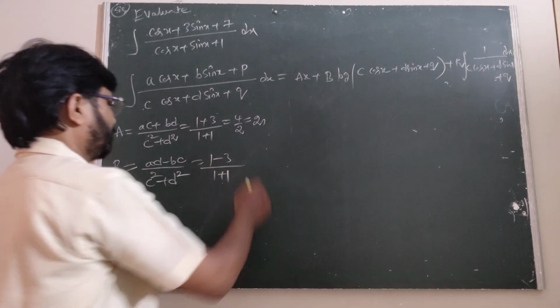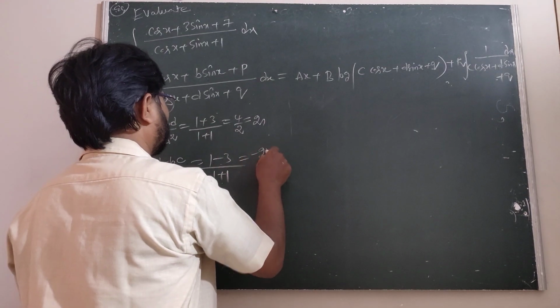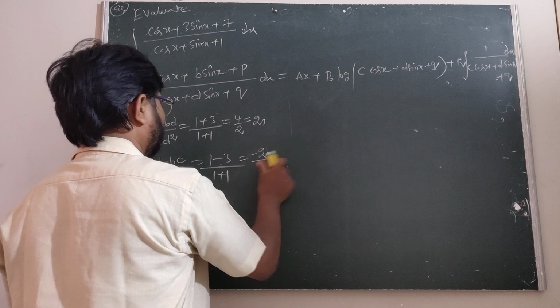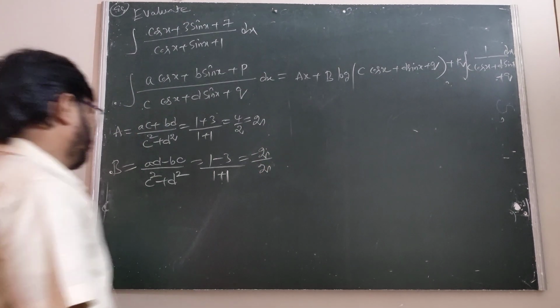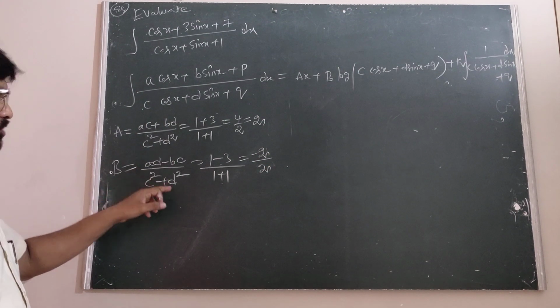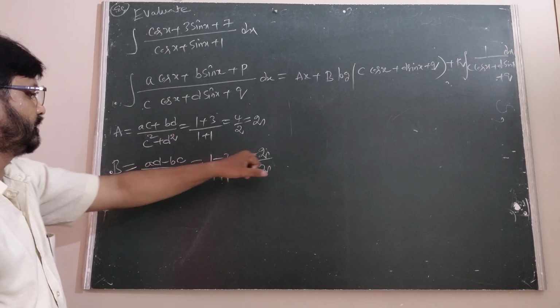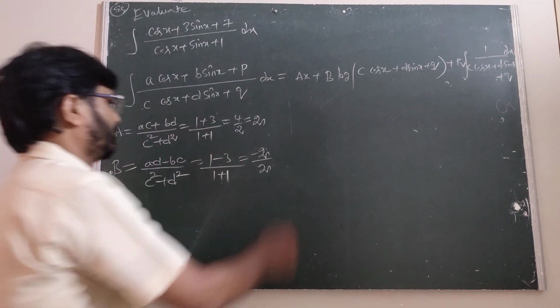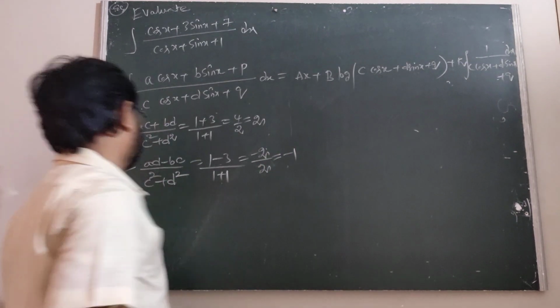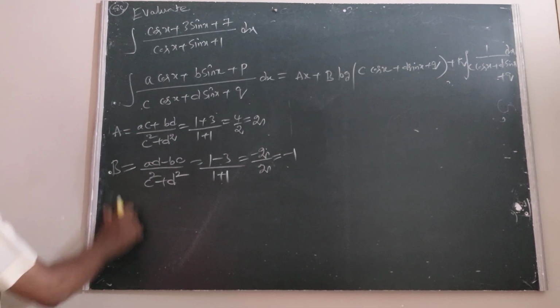Now 1 minus 3 is minus 2, and 1 plus 1 is 2. Therefore B is minus 1.